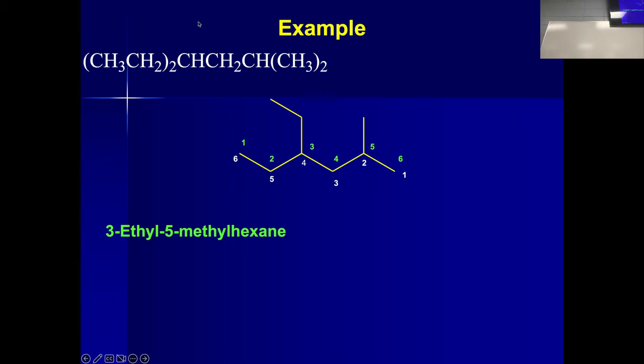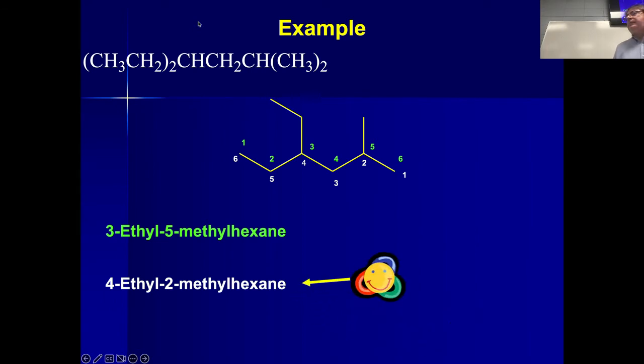If I go with the white numbering system, it is 4-ethyl, 2-methyl hexane. And that one is correct. Why is that the correct one? Because of the lowest number. The lowest number of what? The first substituent. I gave you this one intentionally because this confuses a lot of people.